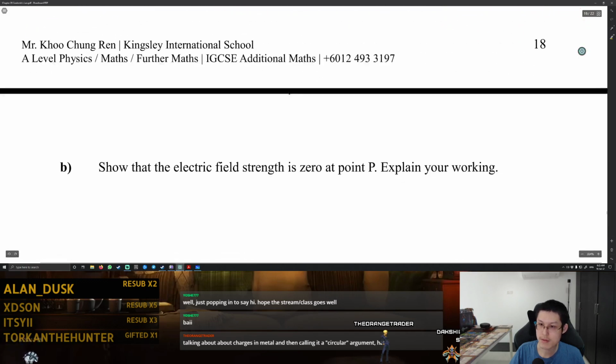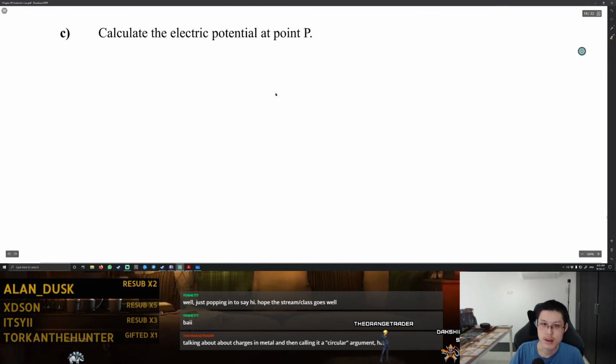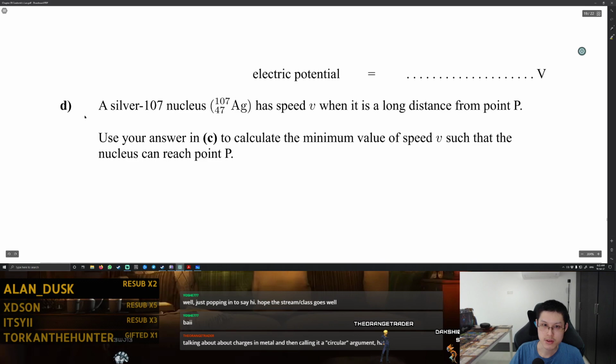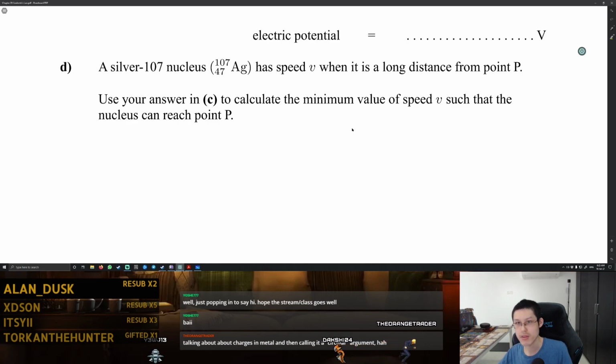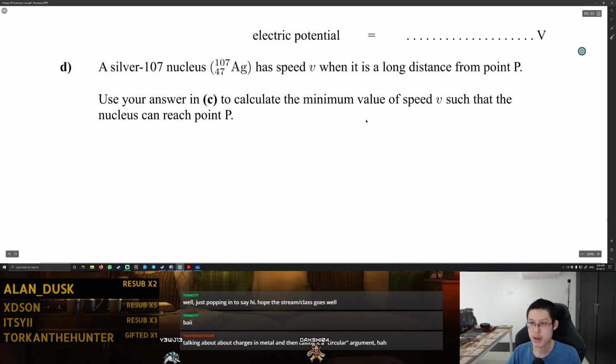Okay, come back here. Okay, so we found our electric potential. Then for part D, a silver nucleus has speed v when it is a long distance from point P. Use your answer in C to calculate the minimum value of speed v such that the nucleus can reach P. Okay.